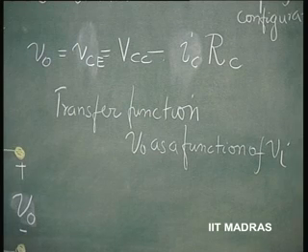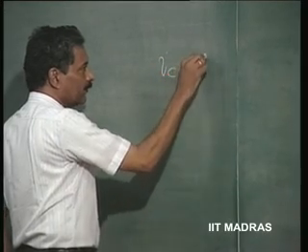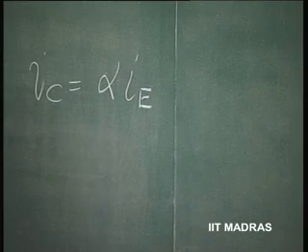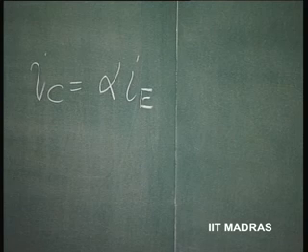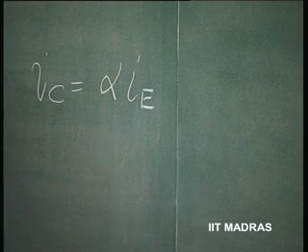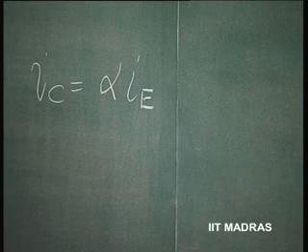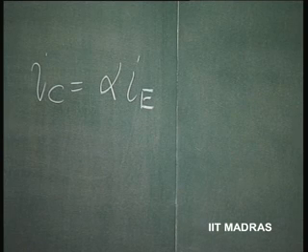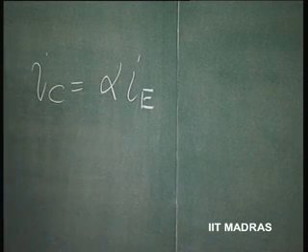So, we know that I C is equal to alpha times I E, ignoring I C naught. This is valid at every instant of time as long as the transistor base-emitter junction is forward biased and the collector-base junction is reverse biased, so that transistor action takes place.